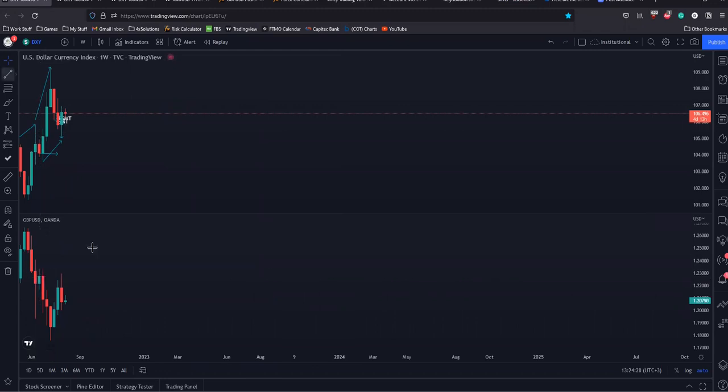And if we draw a line out in time over here, this open and close is the same open and close of this candle here, right? So if I'm looking at the close of this bullish candle, what am I looking at on the DXY?